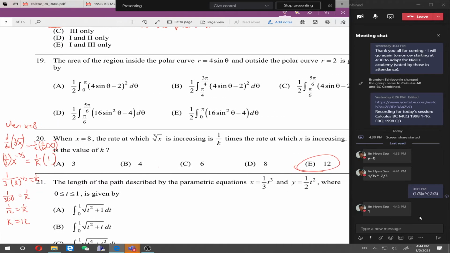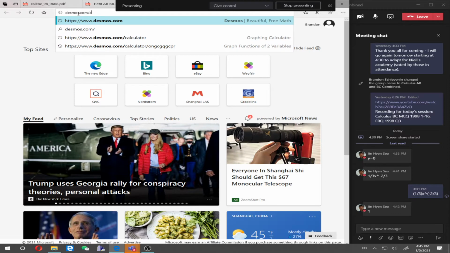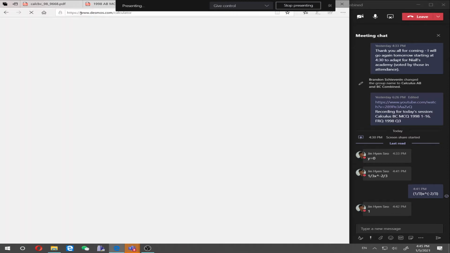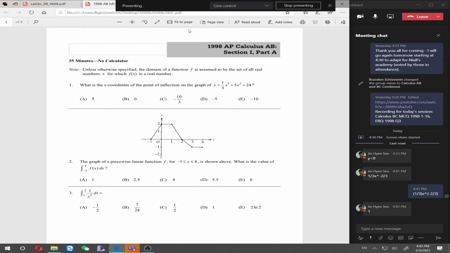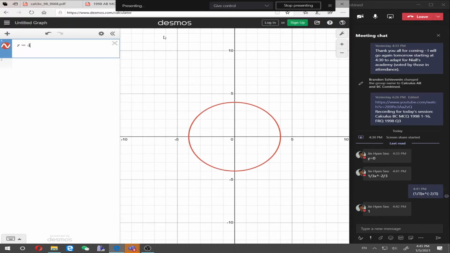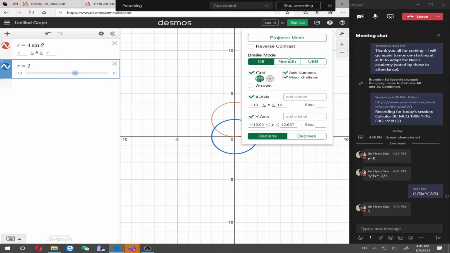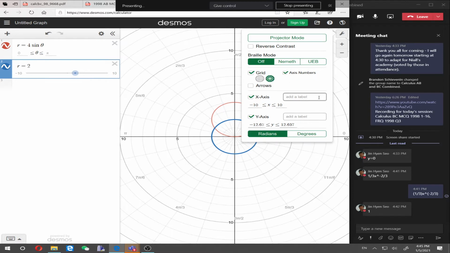I think I'm going to cheat and graph on Desmos really quick so we can see what's going on. Let's see, that was 4 sine theta and 2. Again, radians and polar mode.